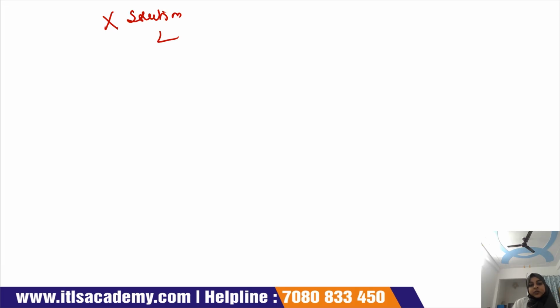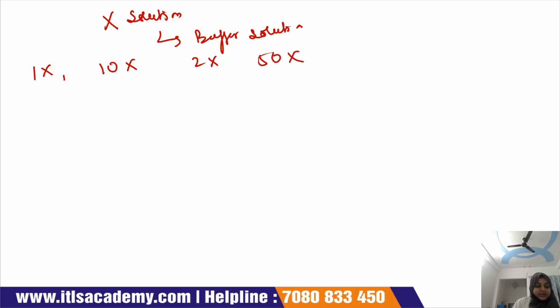Now the last solution is your X solution. X solution is what? It is a buffer solution. For example, if you have to prepare a 1x, 10x, 2x, or 50x TA buffer, like that.